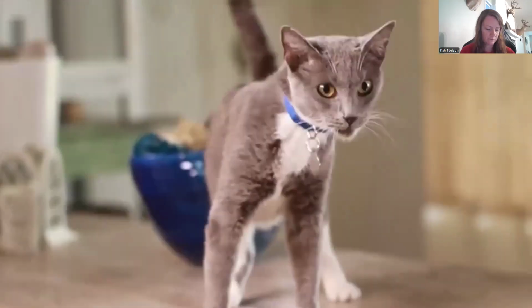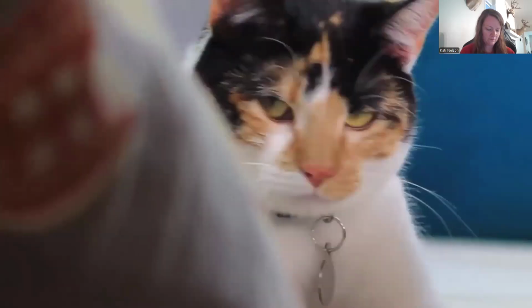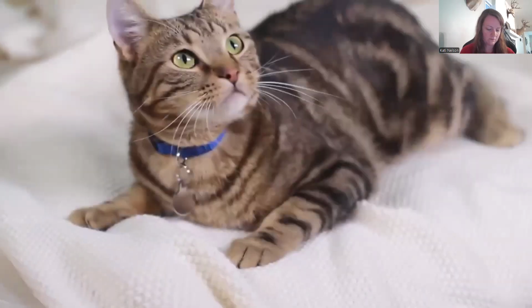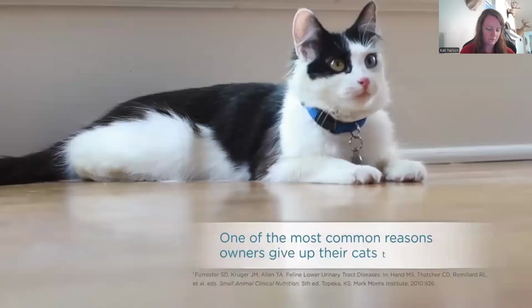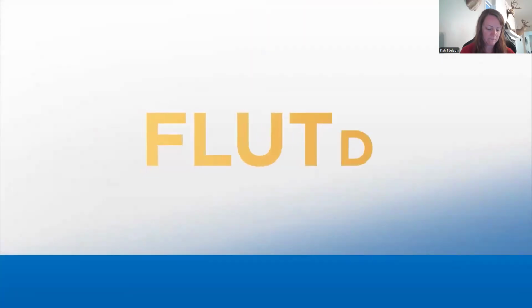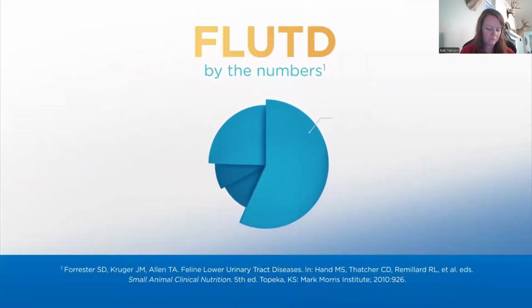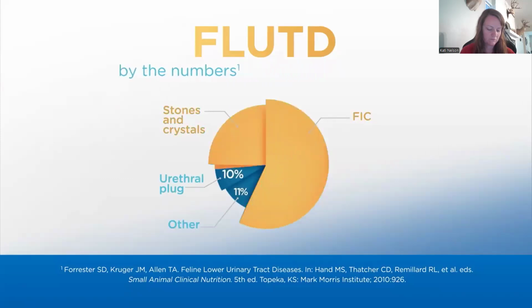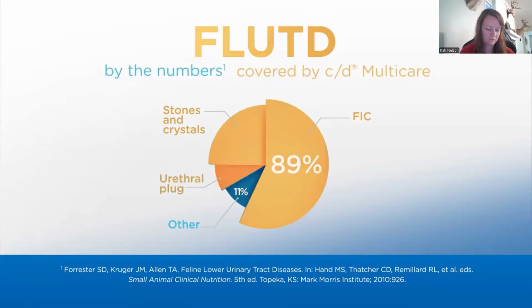Feline lower urinary tract disease is a disorder in cats that can be extremely stressful for pets and their families. In fact, inappropriate urination associated with FLUTD is one of the most common reasons owners give up their cats to shelters. FLUTD is not a single disease, but an umbrella term to describe a host of urinary tract conditions, the most frequent causes being feline idiopathic cystitis, struvite stones and plugs, and calcium oxalate urinary stones.